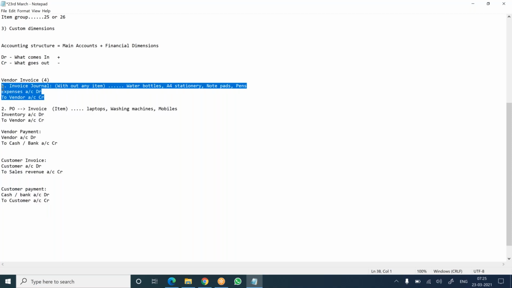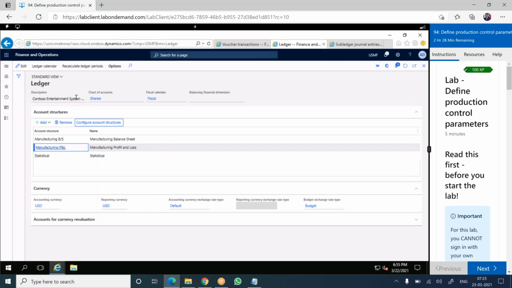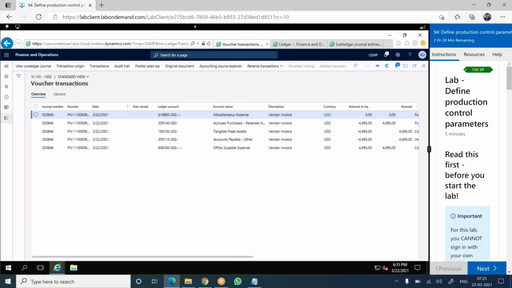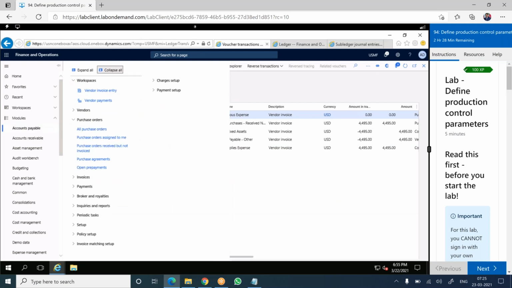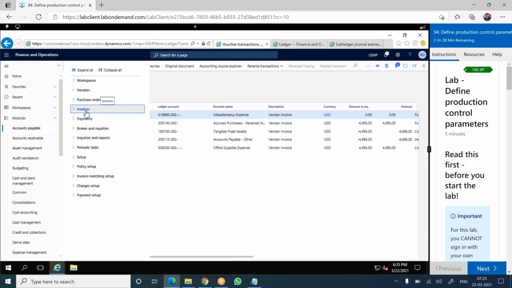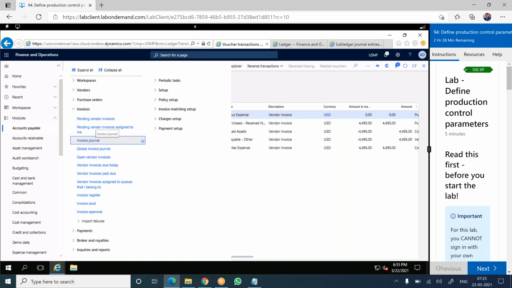Invoice journal, vendor invoice journal. If you want to post this one, we need to go to the accounts payable module, collapse all, invoices, invoice journal.